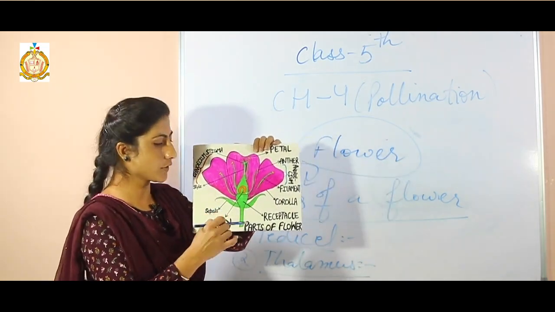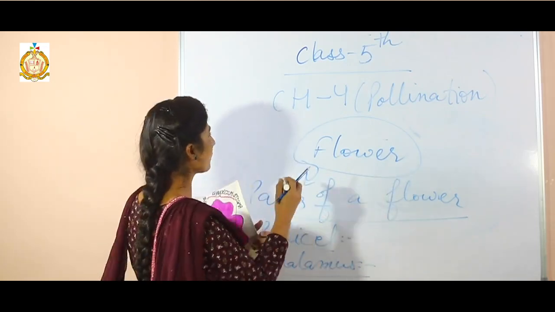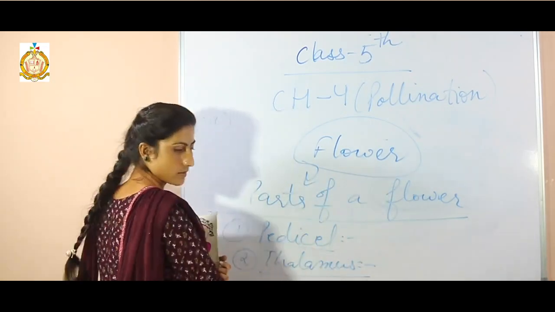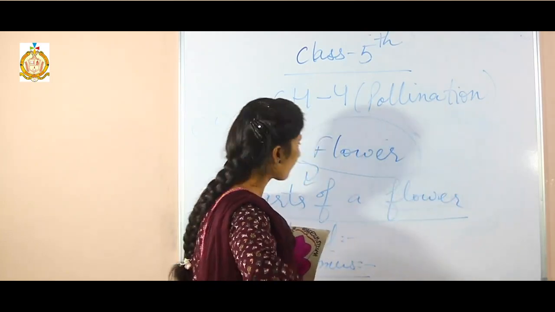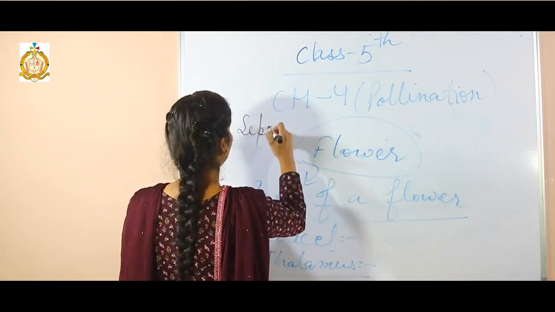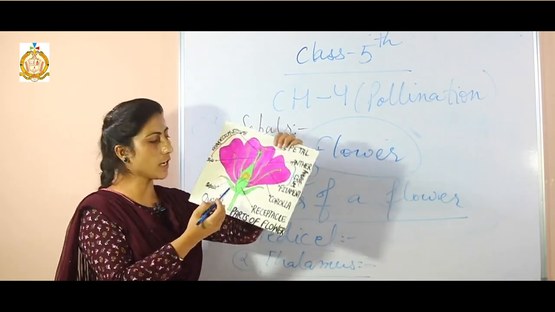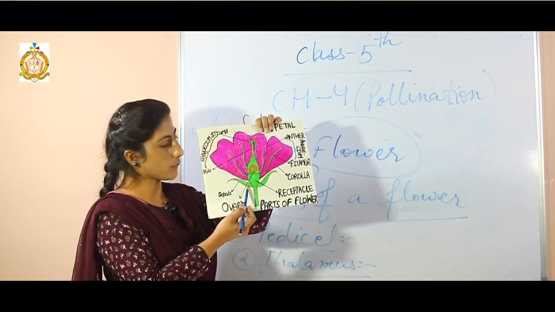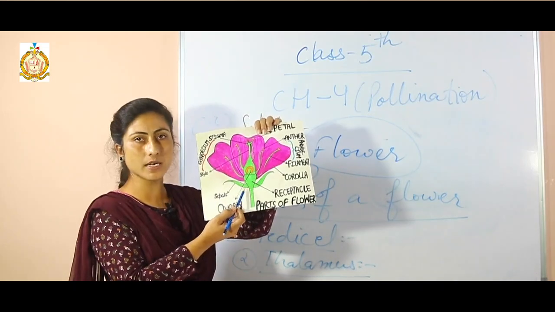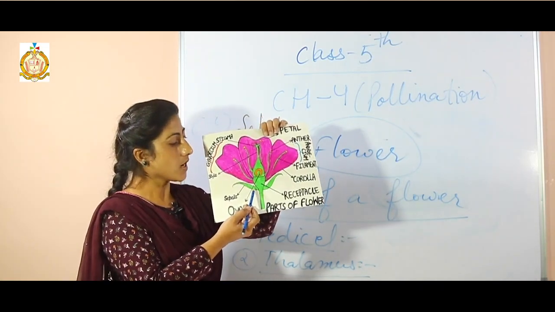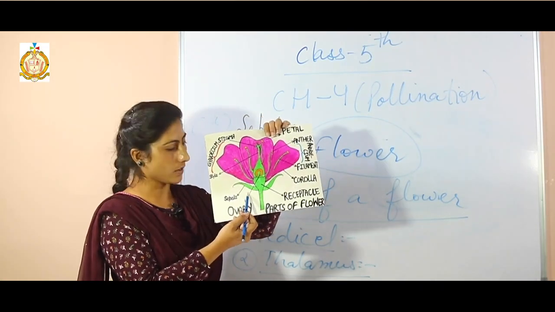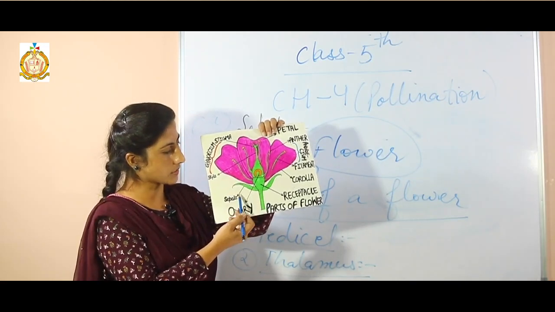The four walls of the flower are, first one, sepals. They are green leaf-like structures that protect the flower during the bud stage, and they form the outermost wall of the flower. You can see these are the sepals.